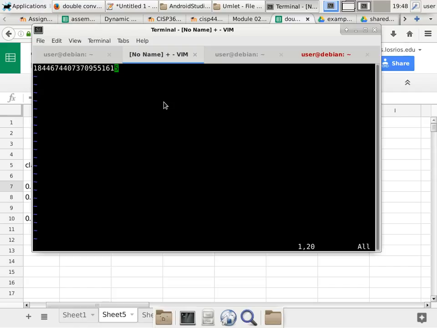I don't know if this is possible, but can I get just an overview? Because I know we're trying to convert base 10 to base 2, right?